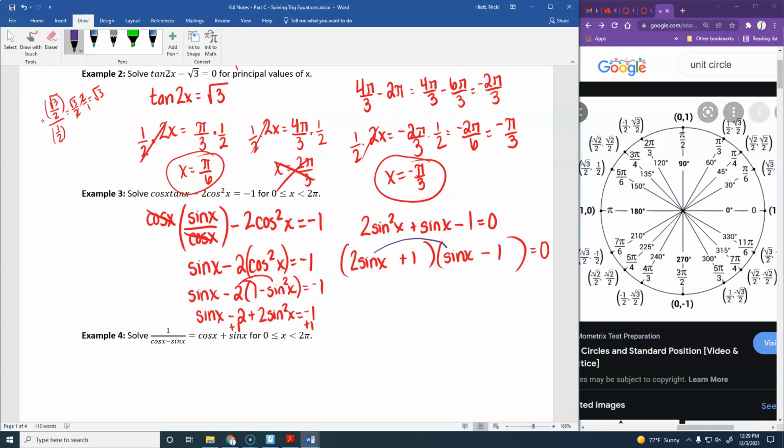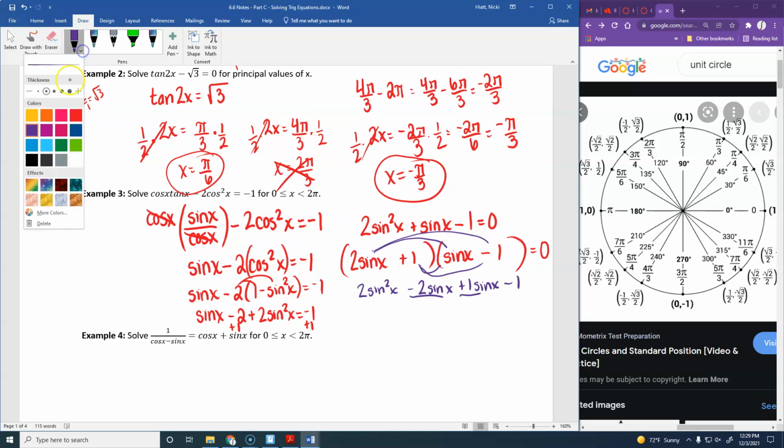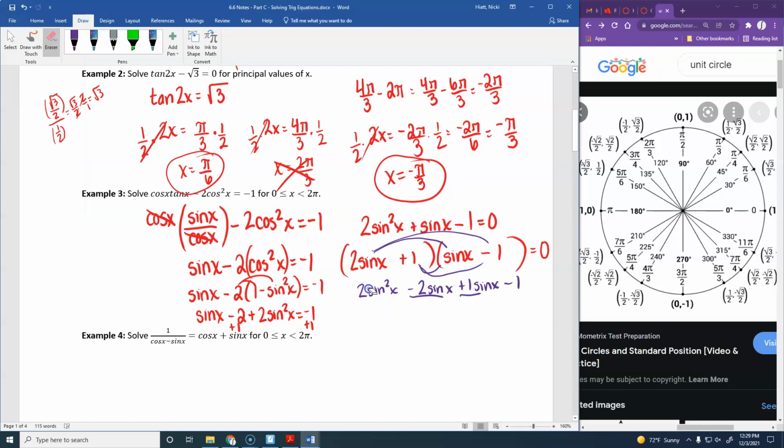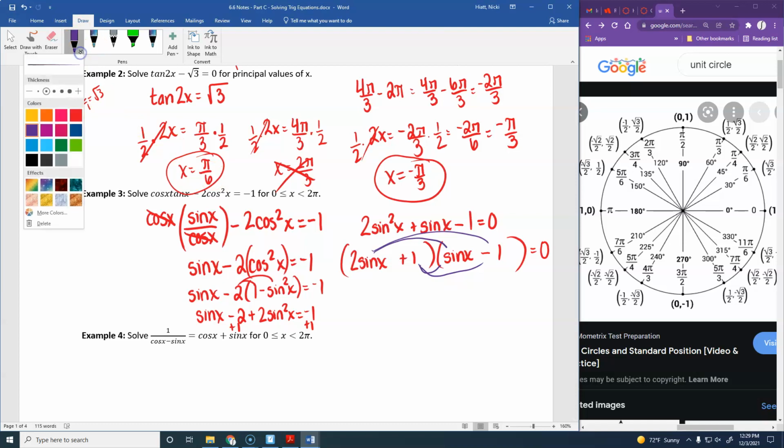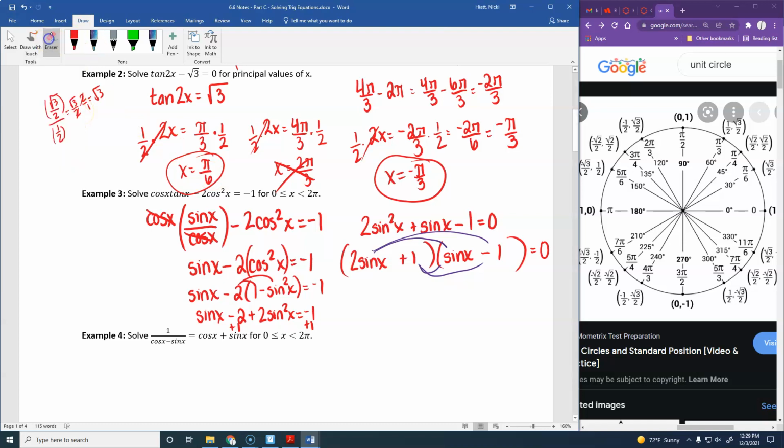So if we check this to multiply it back, we get 2 sine squared x minus 2 sine x plus 1 sine x minus 1. Does that work? It's negative 2 and positive 1, which is going to give us a negative sine x. So what should we do instead? Minus 1 plus 1. We just need to switch those signs, so it's not a difficult fix here. Sometimes you got to kind of look at it a little bit to see what you're going to have there. Maybe test it and change it.